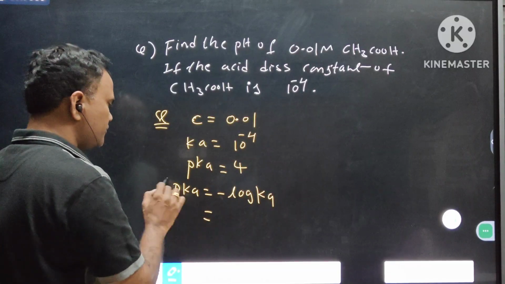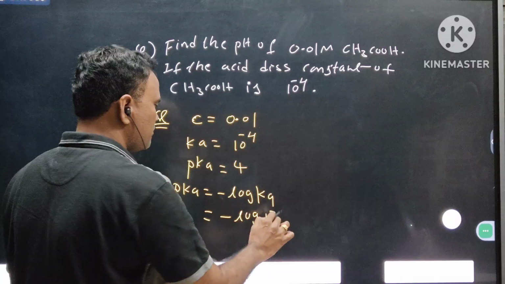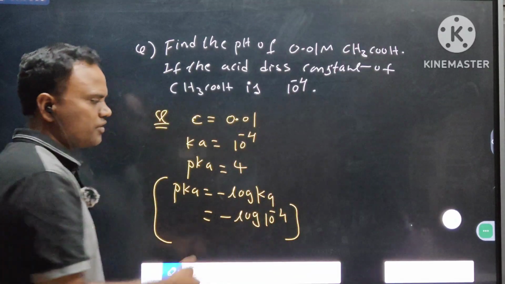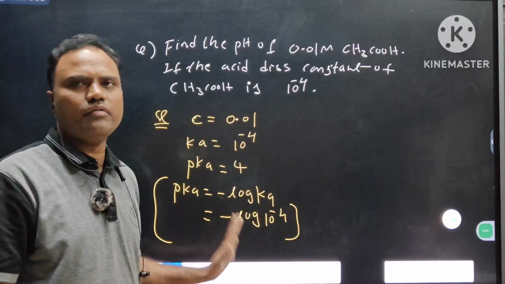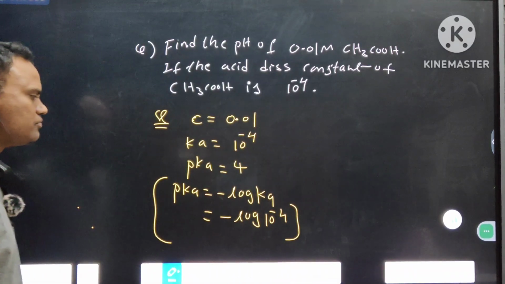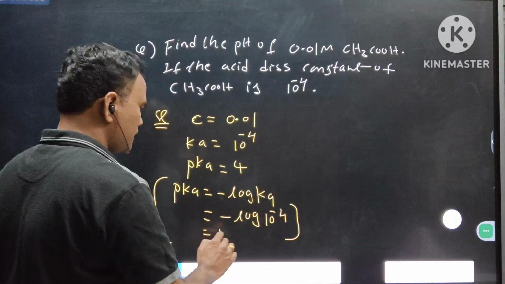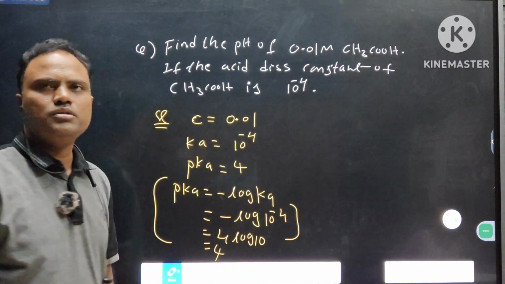Substitute the Ka value if you want a solution: minus log 10 power minus 4. Minus 4 into minus 1 plus log 10, log 10 value is 1, so that is equal to 4.